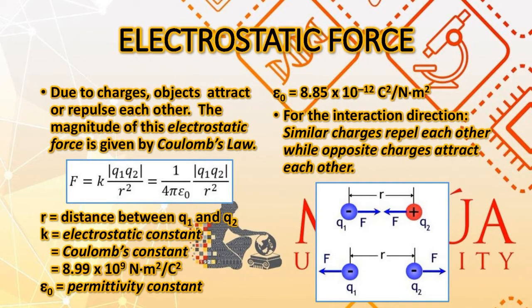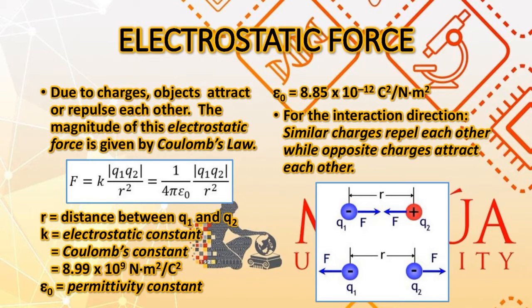Magnitude of F is equal to k times absolute value of Q1 times Q2 divided by r squared, where r is the distance between Q1 and Q2, and k is called the electrostatic constant or Coulomb's constant, 8.99 times 10 to the ninth power newton meter squared per coulomb squared.